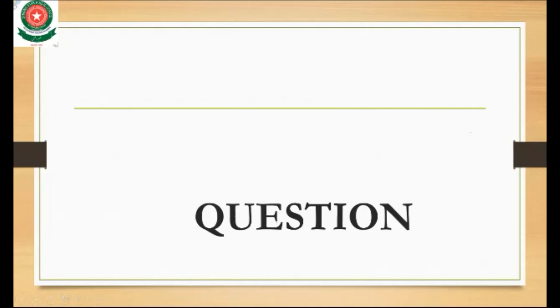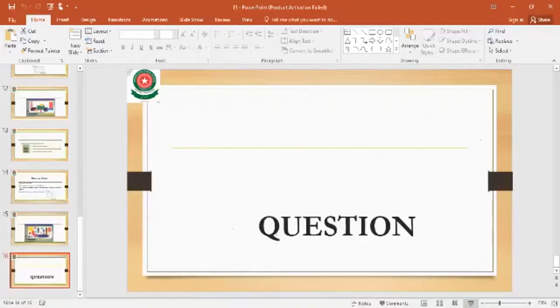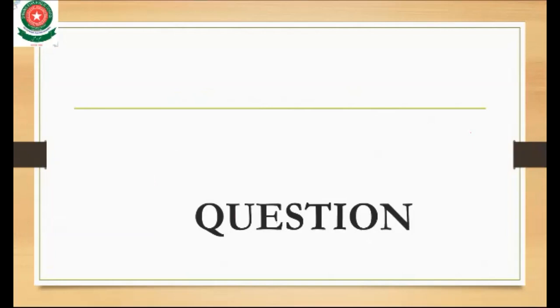Okay, the question is, what is diagonal? Diagonally is like a straight line. You can connect one corner to the second corner. This is a diagonal. I will draw it. For example, this is your rough diagram.